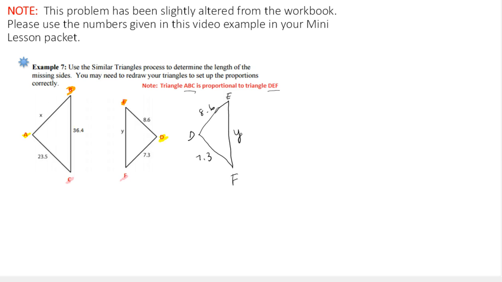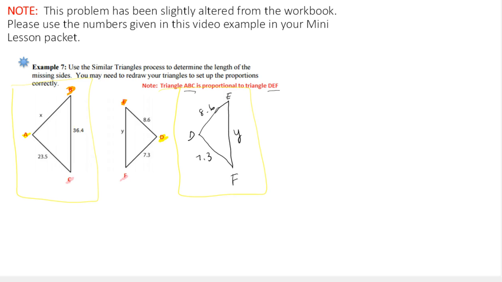Now we can use the information, so I'm just going to focus on this triangle and this rewritten triangle. Now it's easier to see that X corresponds to 8.6, 23.5 corresponds to 7.3, those sides, and the length of 36.4 is going to correspond to the length of side Y. So now we're ready to set up our first proportion.